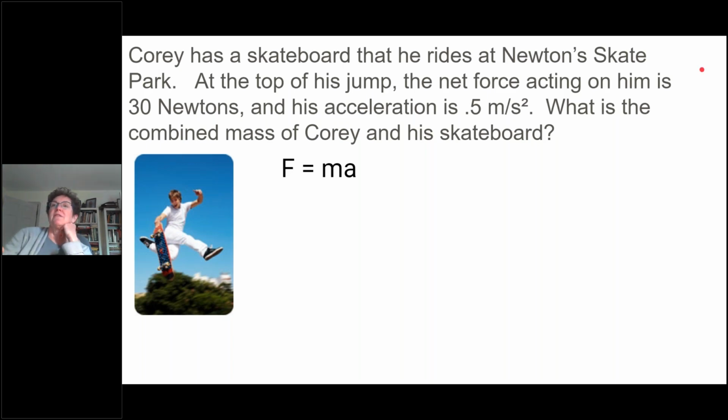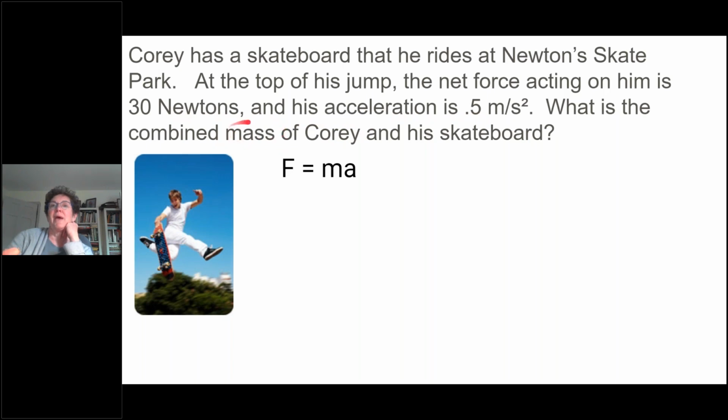So we know this is a force problem because right here it tells us the force acting on him is 30 newtons, and it has an acceleration, and it's asking for the mass. So force equals mass times acceleration. There's our formula. We're going to substitute in what we know. We know the force, 30 newtons, and we know the acceleration.